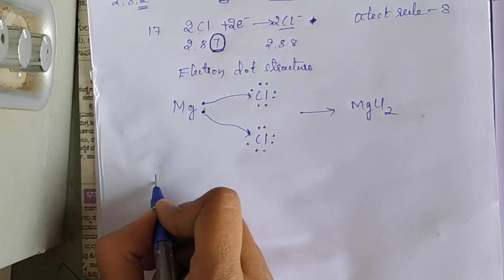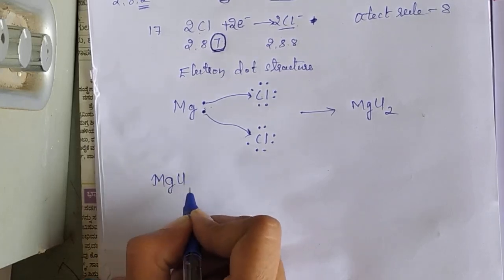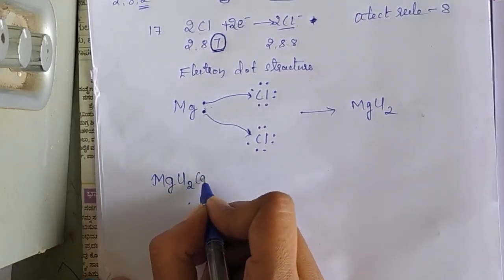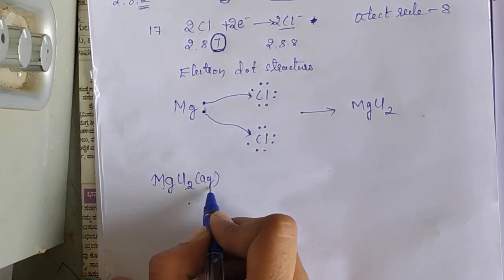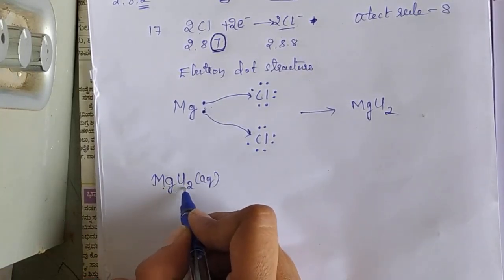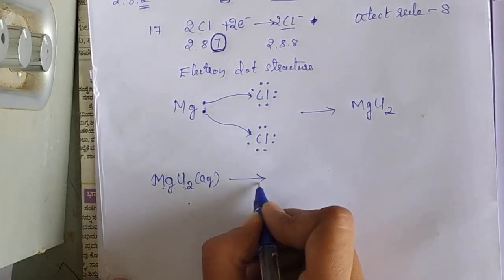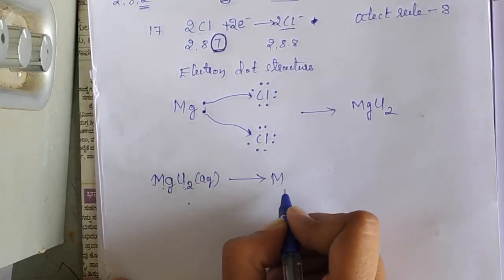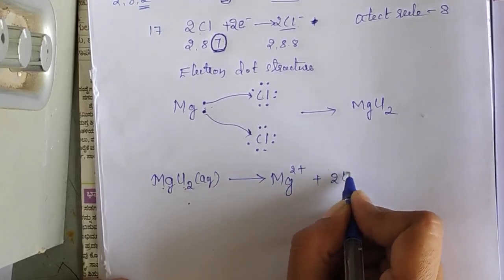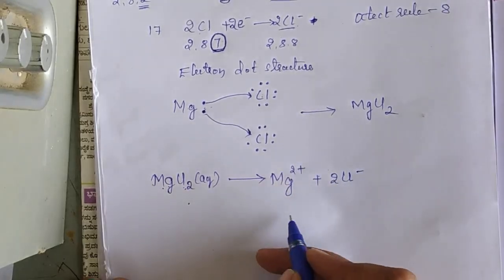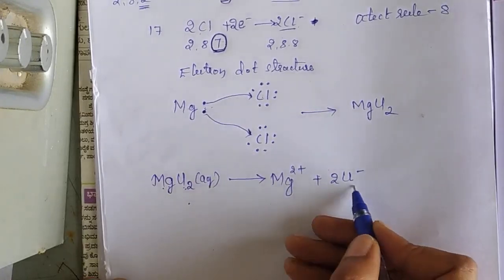When magnesium chloride is dissolved in water, it ionizes into magnesium cation and chloride anion. It dissociates into ions.